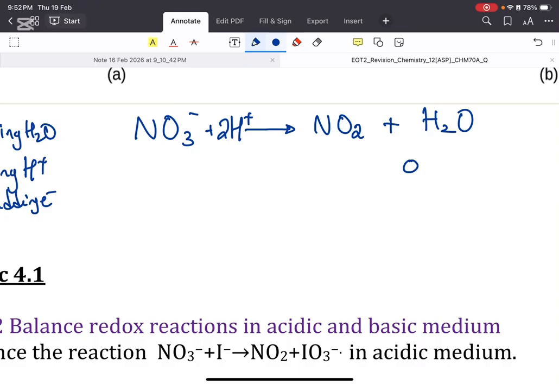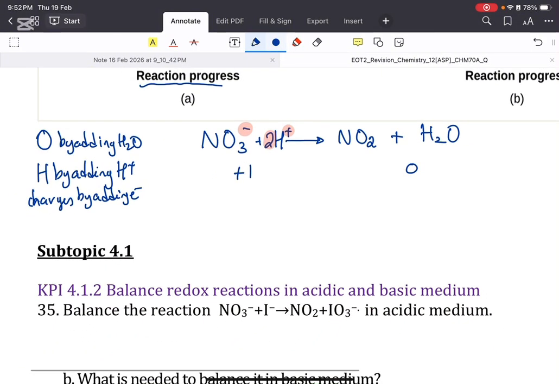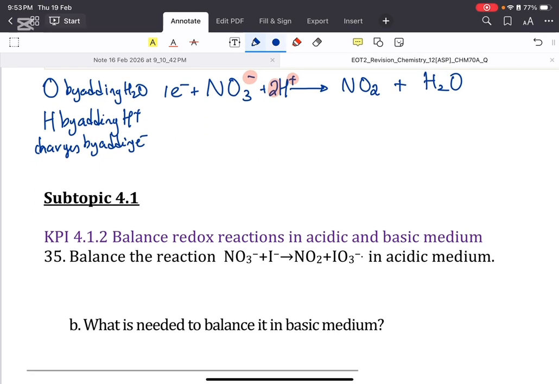Whereas on the reactant side, I have a minus here and I have two pluses. So the overall charge is +1. Now this side is the side with higher charge. So I'm gonna add electrons to it until it equals the other side, so until it equals 0. So 1 electron needs to be added. And here we go. We balanced the first one.